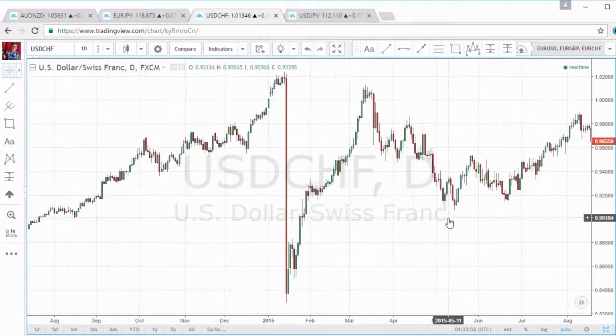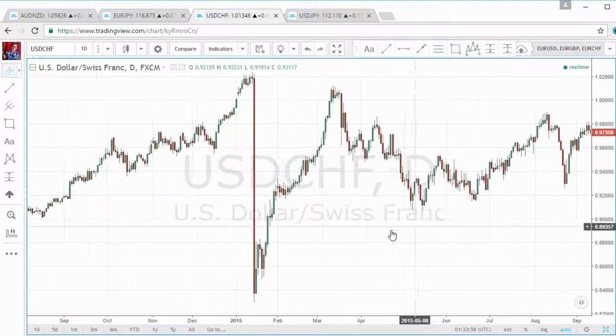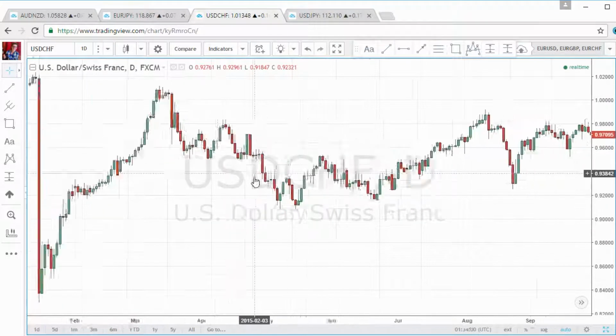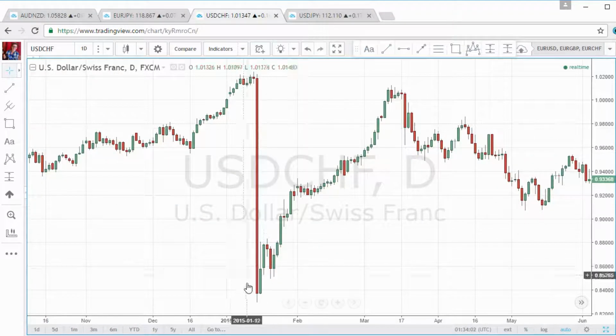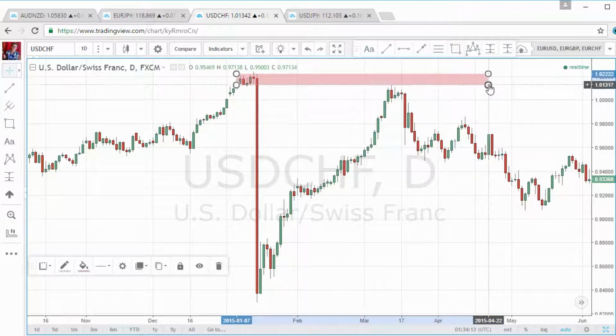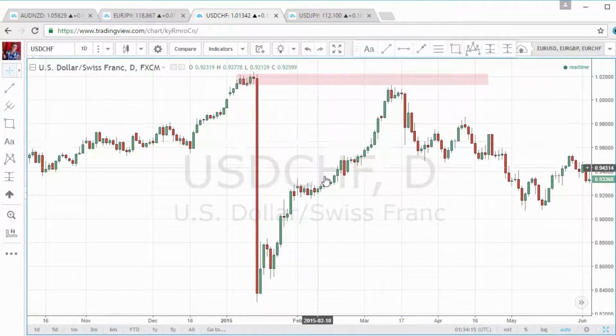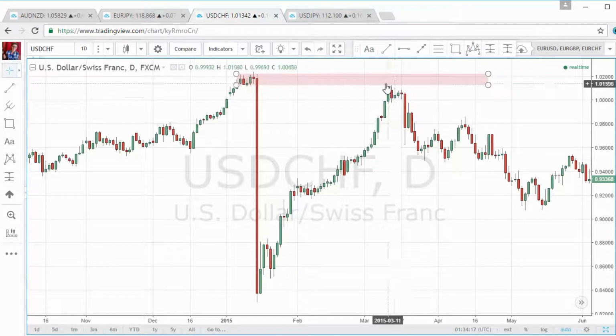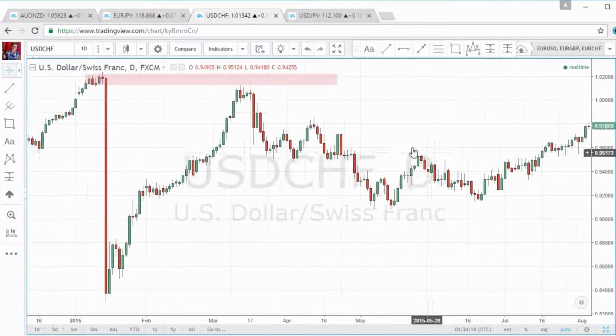And you can see that supply and demand comes in many different shapes and forms. Here we have a very long candle. This was a news driven spike and a news driven drop, but you can see we are coming from this very tiny range here. Let's just mark a rectangle around that, and you can see price barely touched it after we came into this area, and then we found new supply.